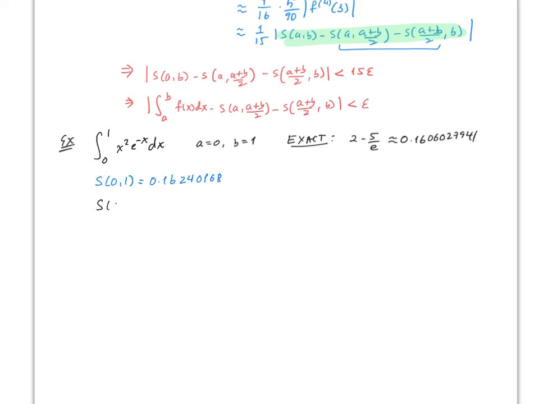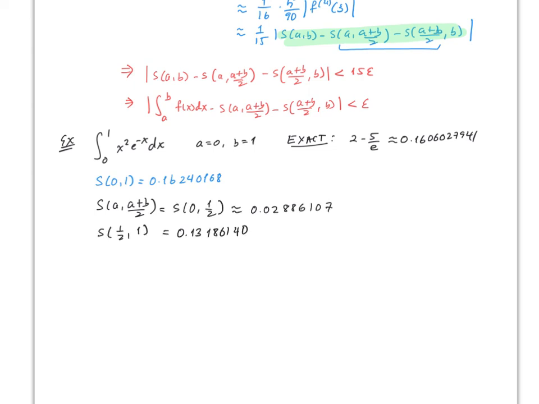Right, so let's use the new version. So first we need to find S of A plus B over 2. So we're still using the same formula as this one. So therefore this is the same thing as finding S of 0 and 1 half. And you should check this. This is 0.02 6107. Then we use the same method, but now from 1 half to 1, this is equal to 0.13186140.